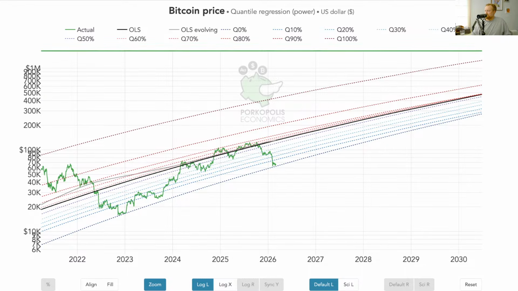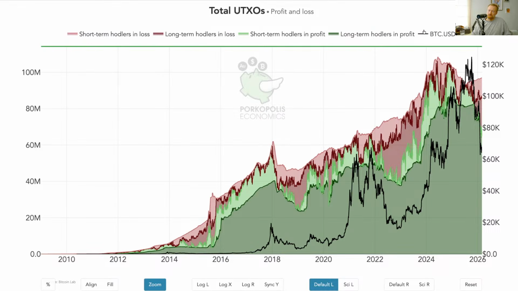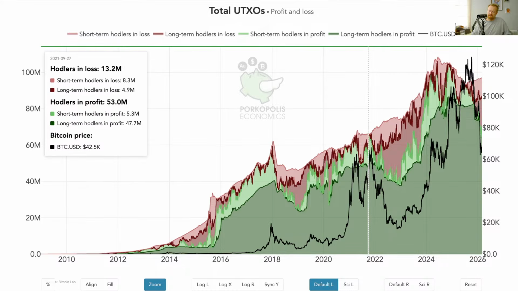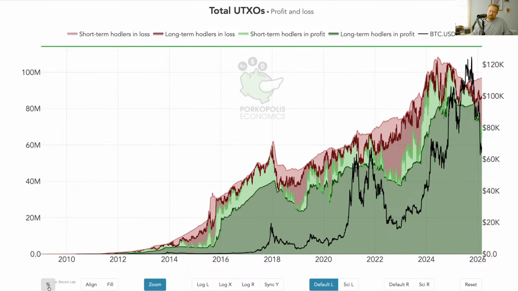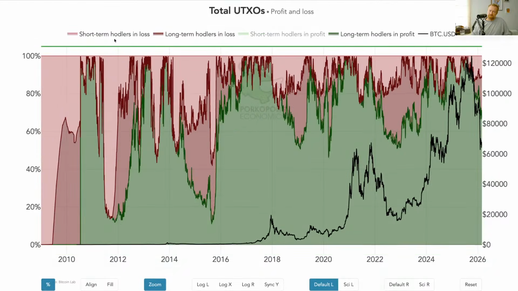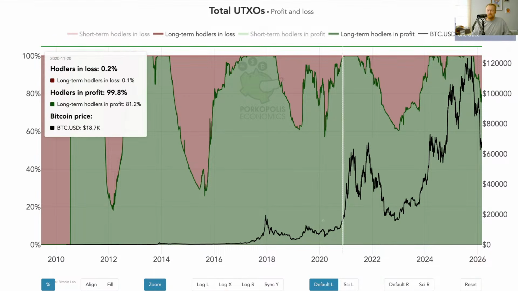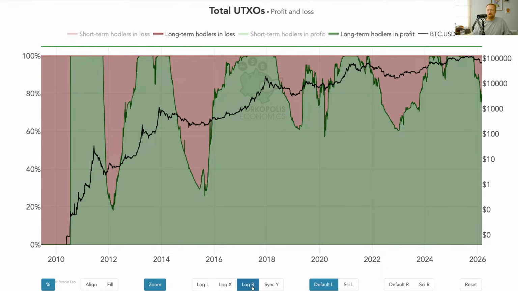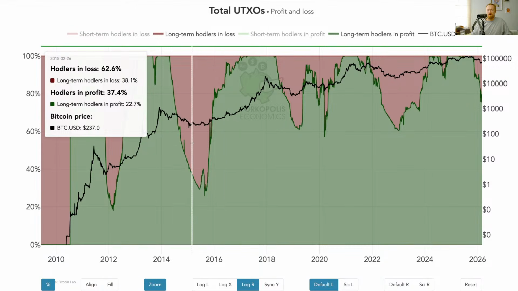Checking on the old UTXOs. This is a really good one, I think, for the, even taking off short term is better. All right.